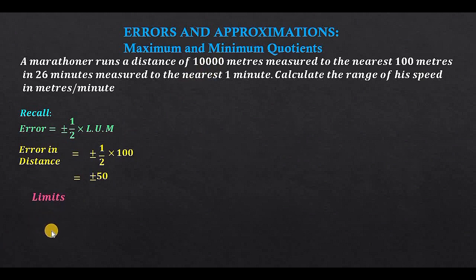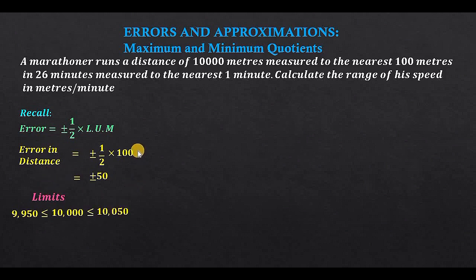So to determine the limits, given the distance 10,000, we can determine the lower limit by subtracting 50 from 10,000, and that should give us 9,950. We can also determine the upper limit by simply adding the same. So we have 10,000 plus 50, and that gives us 10,050. That is for the distance.